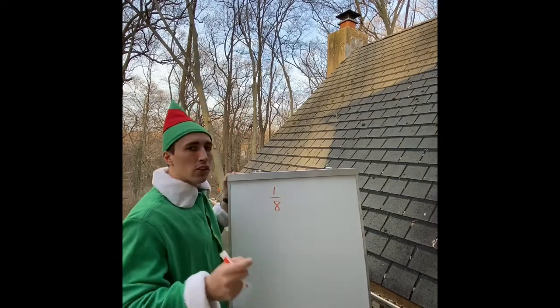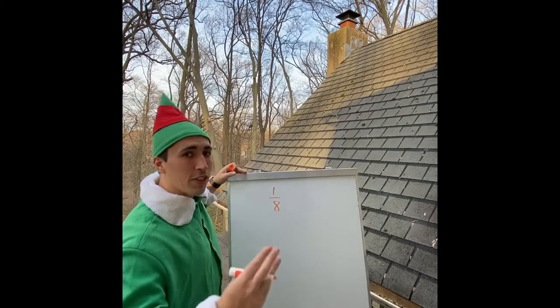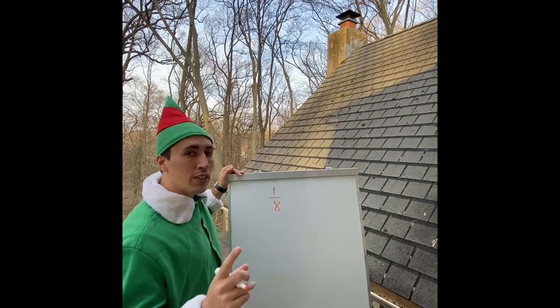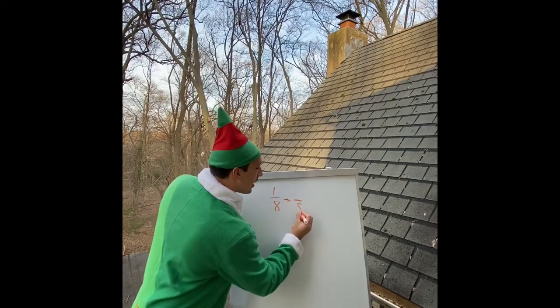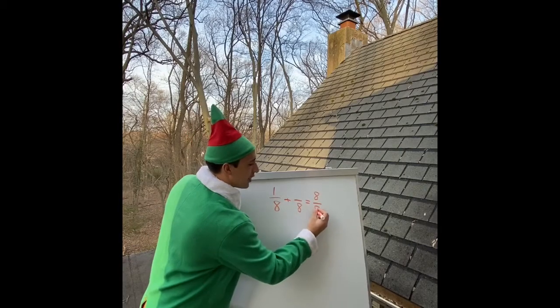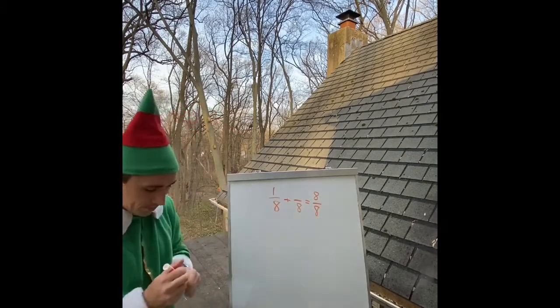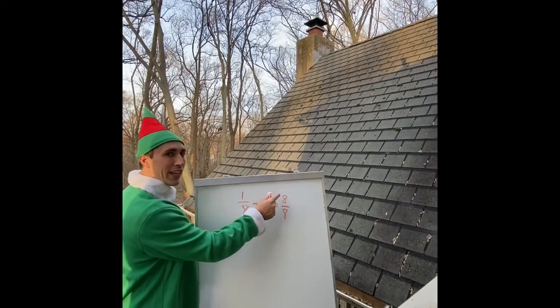If we were to go back to the workshop and refill that sack, we wanted to fill it up to 1 whole sack of presents, how many 8ths will we need to give us the whole? All right, here we go. 1/8 plus how many 8ths equals 8/8.